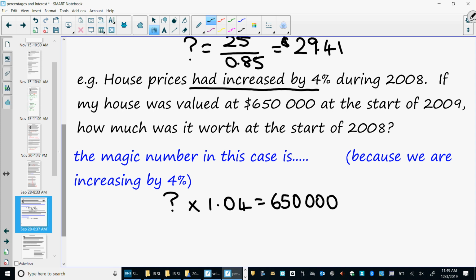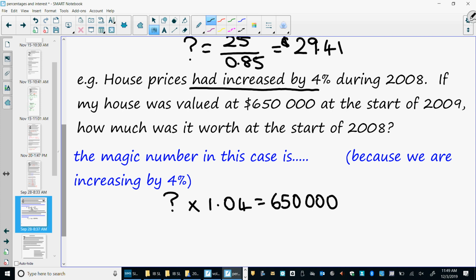So Imani knows that to increase something by 4%, she would have multiplied it by 1.04. Are you all understanding that I'm not increasing any number by 4% here? I'm finding out what missing number was increased by 4%. If I had just taken off 4% from this, I wouldn't get the right answer.